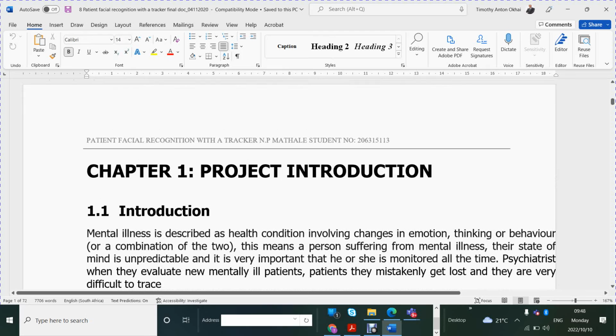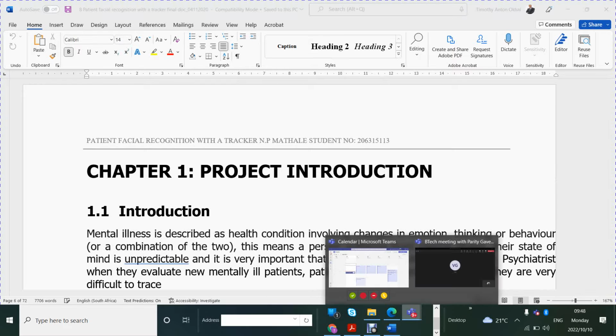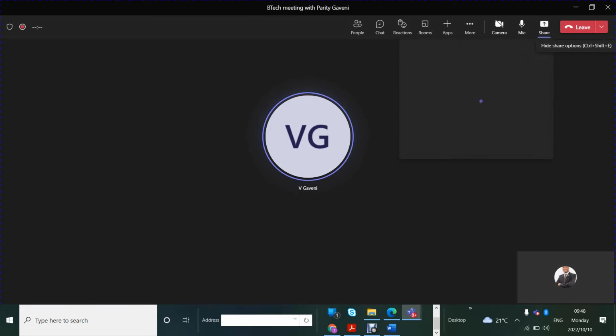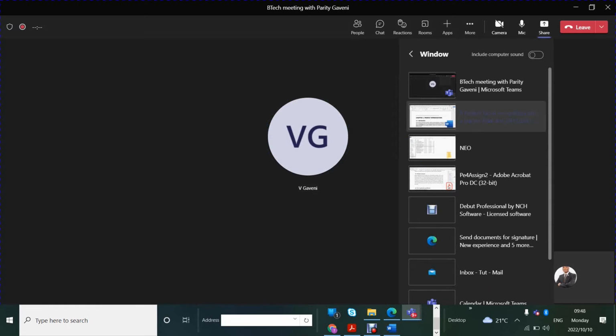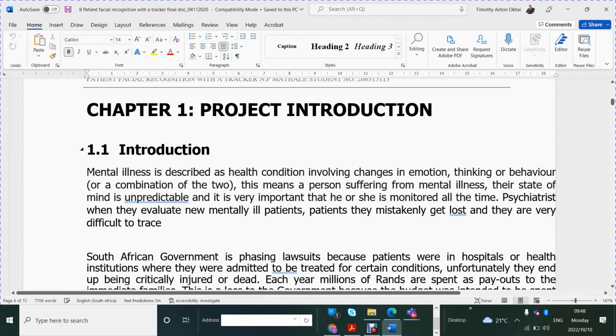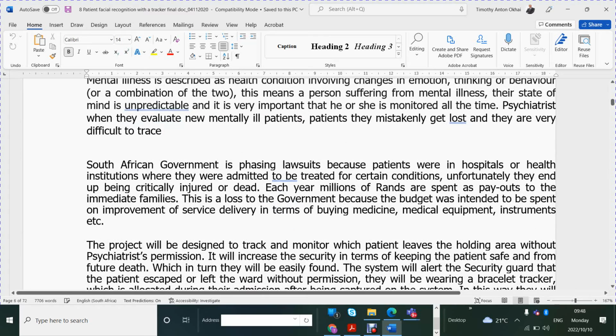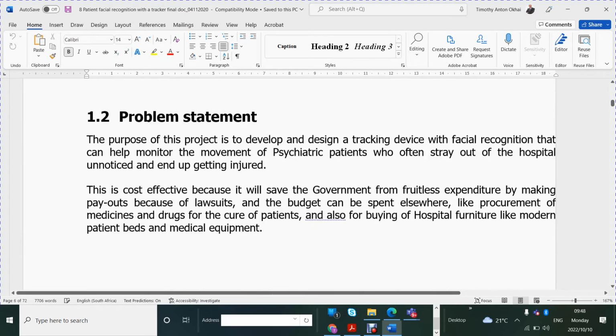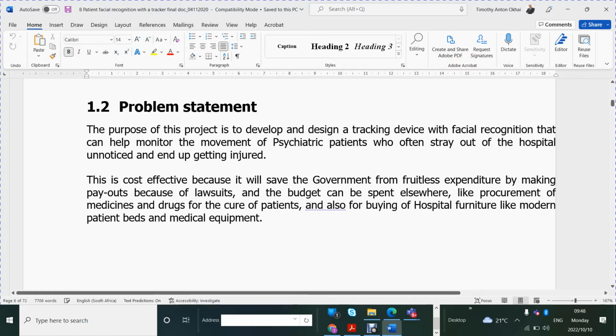Okay, so here we have, can you see the screen? Am I sharing screen? No, not yet. Let me share. Okay, so chapter one. There's the introduction, where they gave a general introduction. Then the problem statement. Look at what she said. The purpose of this project is to develop and design a tracking device with facial recognition that can help monitor the movement of psychiatric patients who often stray out of hospital unnoticed and end up getting injured.